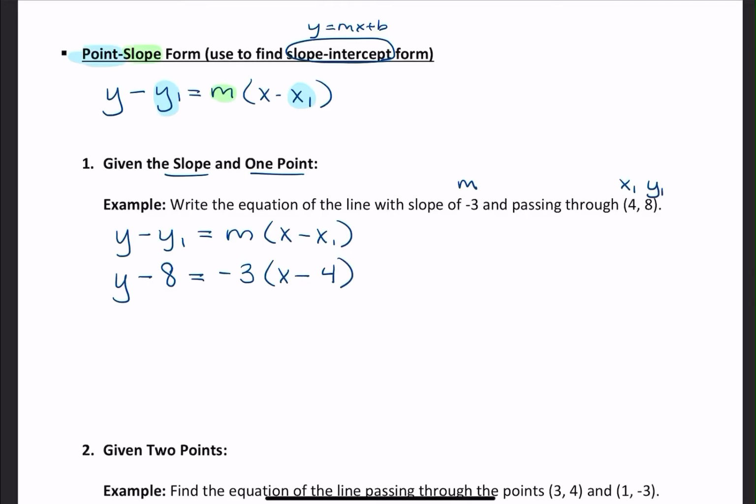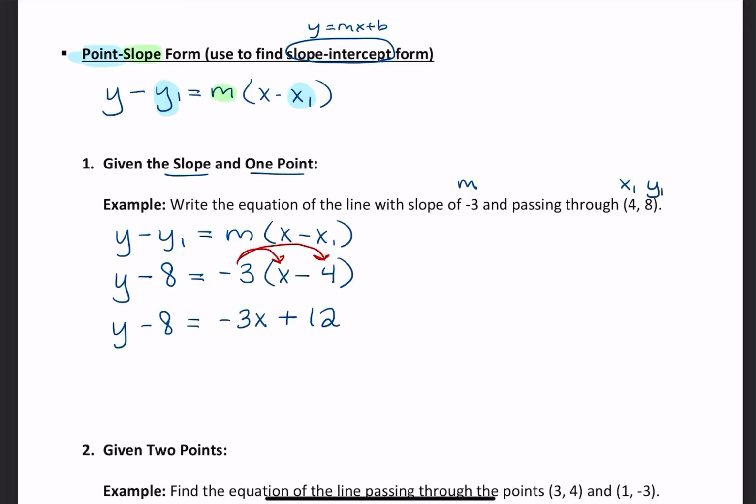So now I'm going to put it in y equals form. I'm going to distribute first with my order of operations. So I've got y minus 8 equals -3x. And then make sure you multiply through the parentheses and multiply your signs together. So I have a -3 times a -4 will give me a +12.